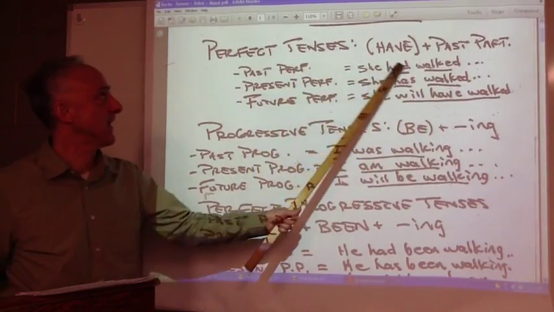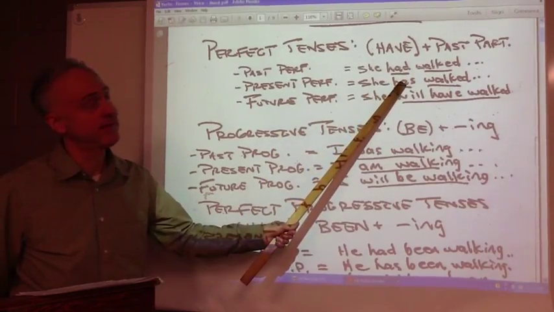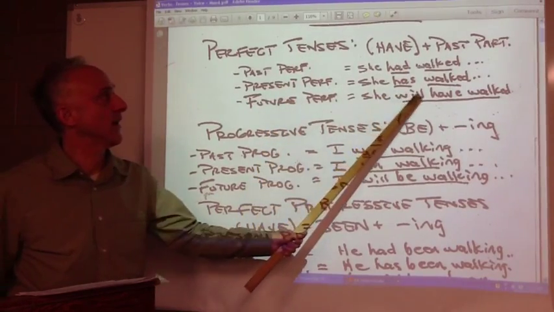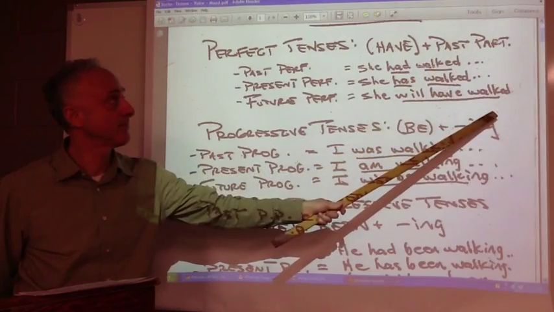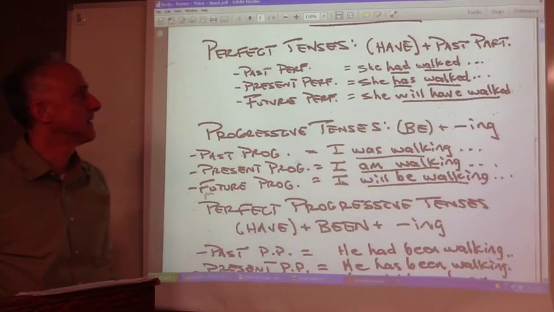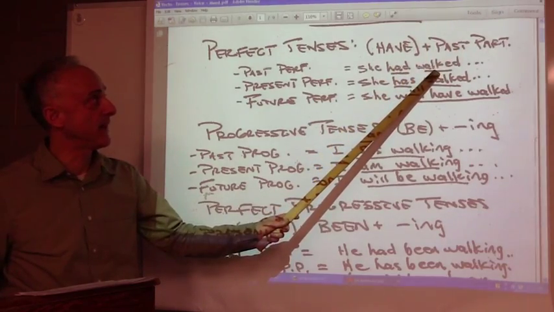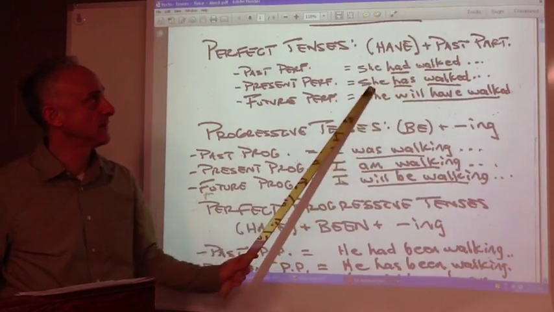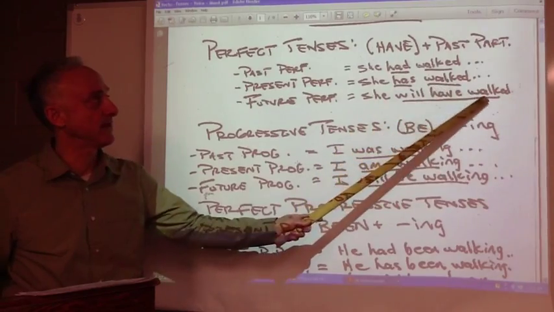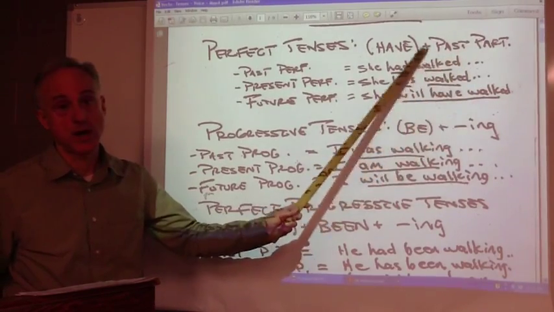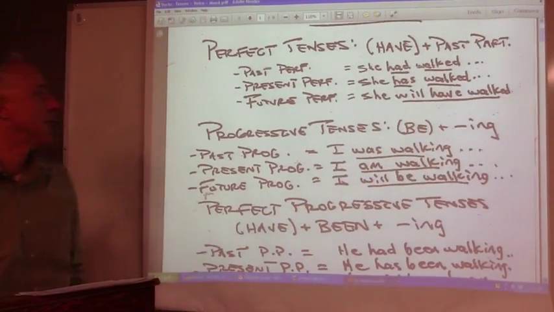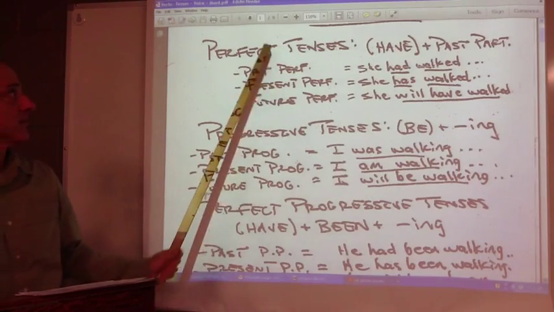So past is had, present is has or have, and the future is will have. And then you need a past participle, all right? If it was the verb be, it would be been. She had been, she has been, she will have been. But I'm just using the verb walk here, okay? All right, so those are the perfect tenses.